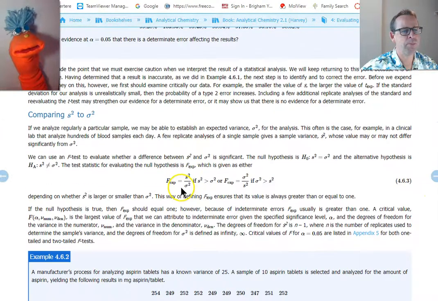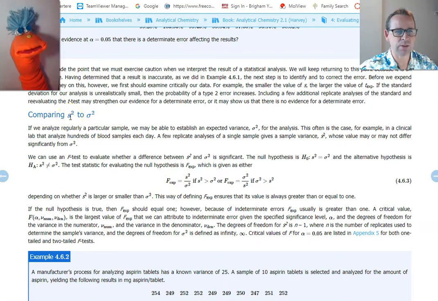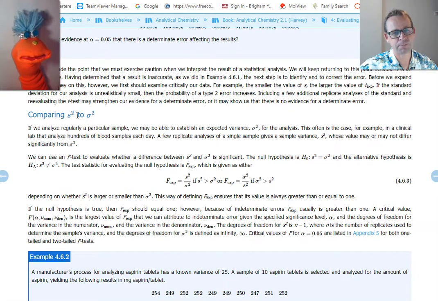Our variation, sorry, not our variation, but our variance, which we said was the square of our standard deviation, right? Our variance on two sets of samples, or two sets of methods, sometimes might differ significantly.